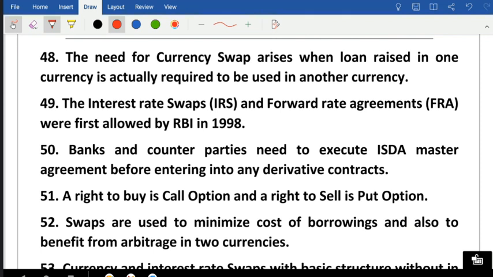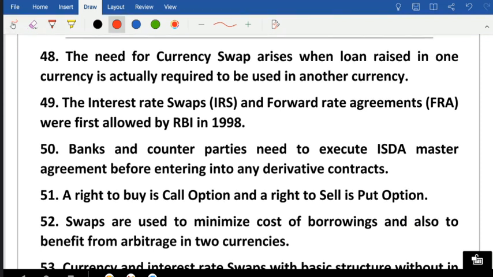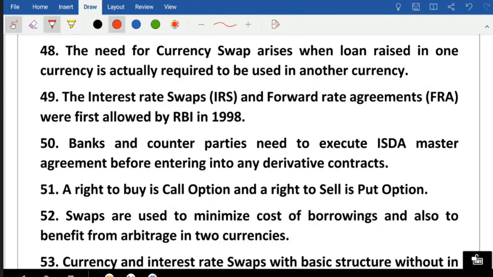Interest rate swap and forward rate agreement (FRA). IRS-FRA was first allowed by RBI in 1998, so just remember the date. Banks and counterparties need to execute an ISDA master agreement before entering into any derivative contract.